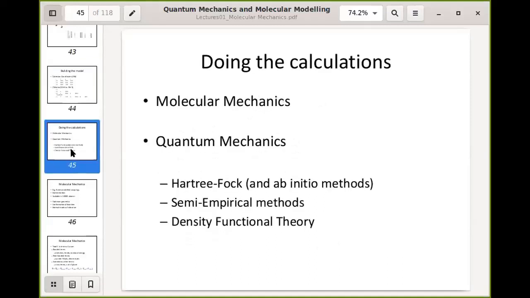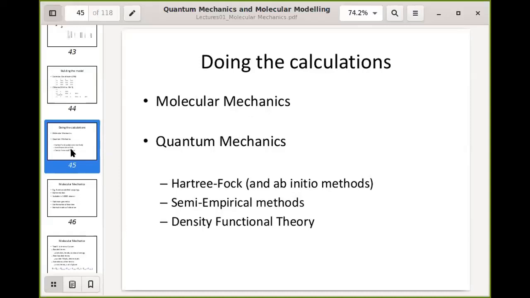Okay. Now, when you use Webmo, and you ask it to do a calculation, some server is going to be doing some quantum mechanical calculations for you, and it's going to provide you with a geometry or an energy value at the end that has been calculated purely using the principles of quantum mechanics.